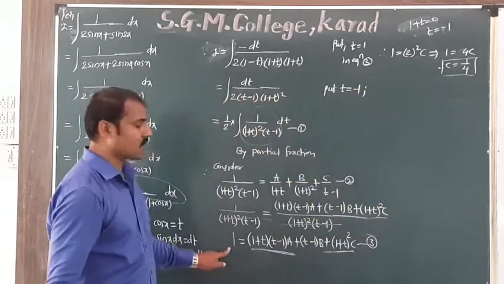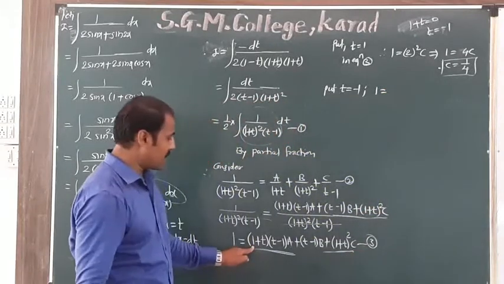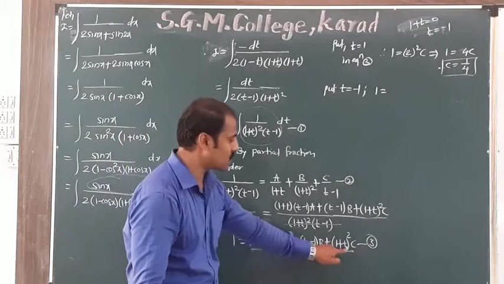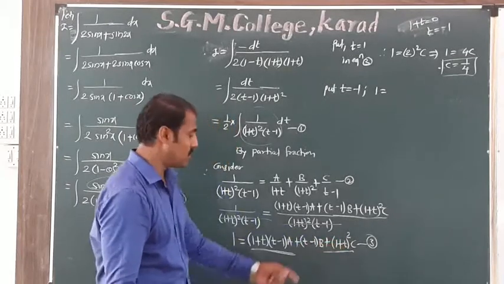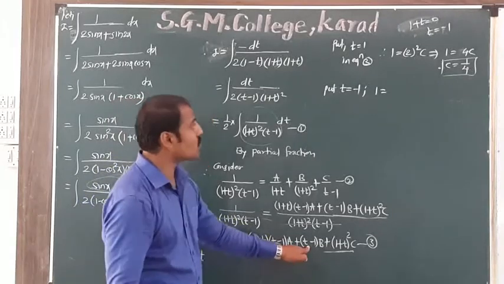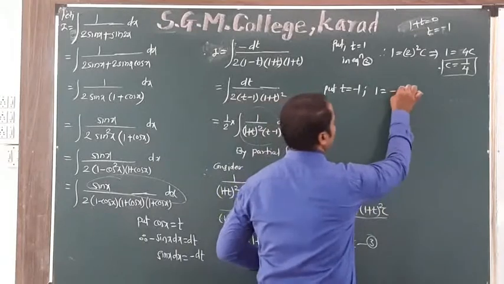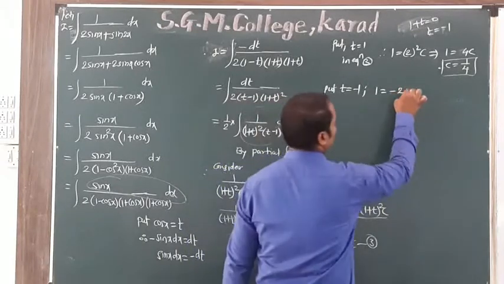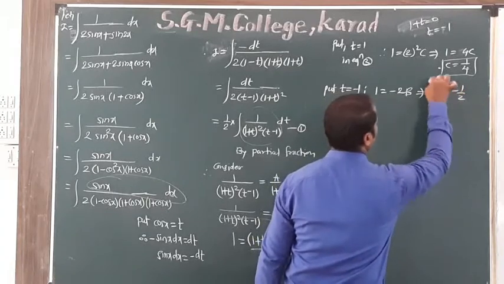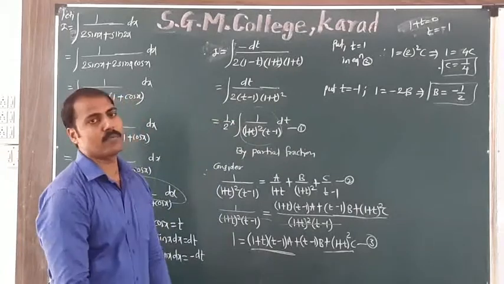LHS is 1, and this term is 0, and this term is also 0, since 0 into any number is 0. Here it becomes minus 1 minus 2 into b. This implies b is equal to minus 1 upon 2. Here we find the values of c and b.